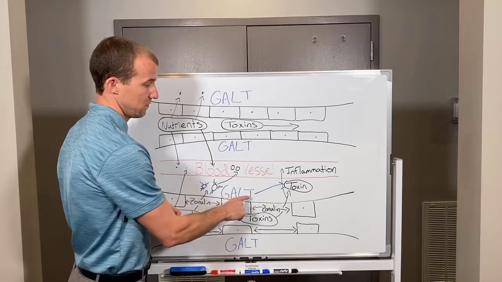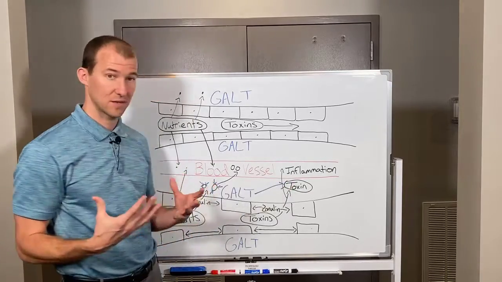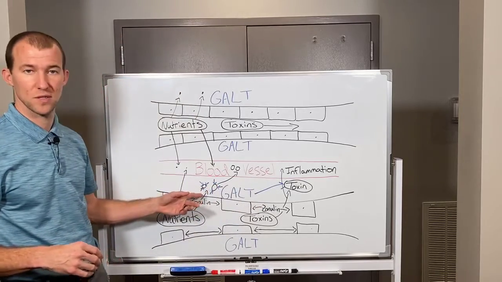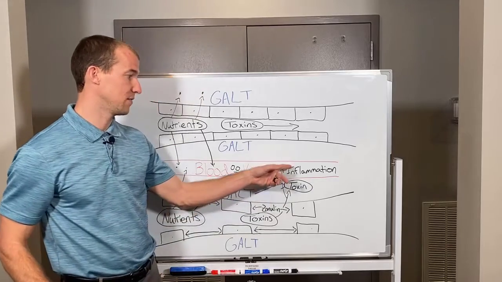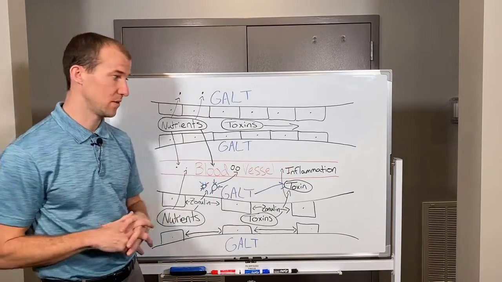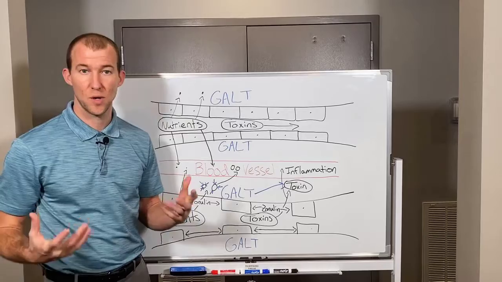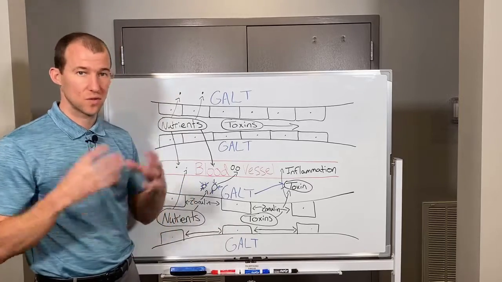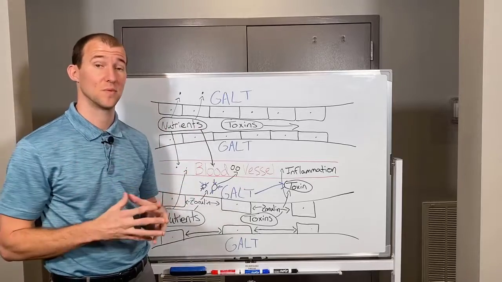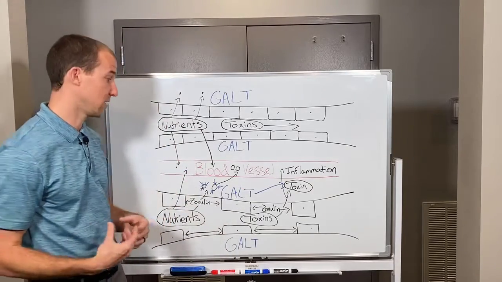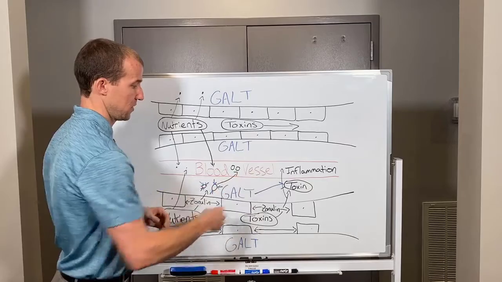So it's going to attack the toxins, just like it possibly did with a food sensitivity. It's going to increase inflammation, and all that's going to drive into the bloodstream and cause inflammation elsewhere. That's where you can get joint pain, skin issues, anxiety, brain fog, gut discomfort, all those vague symptoms, and all of it could be related to the gut because of all this inflammation going on here.